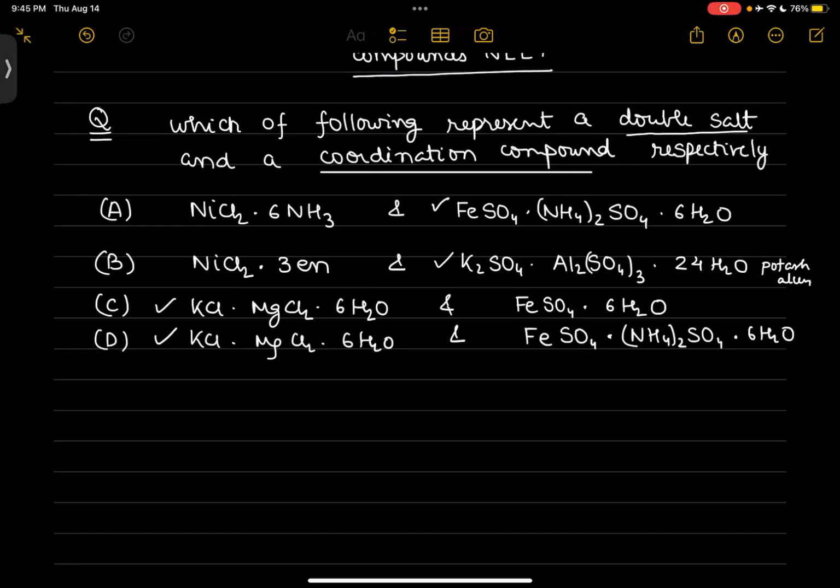So first you need to look for the double salt, and then you need to look for the coordination compound. This is the right answer, because in option D you have both compounds as double salts.